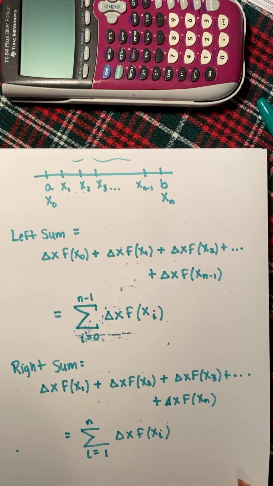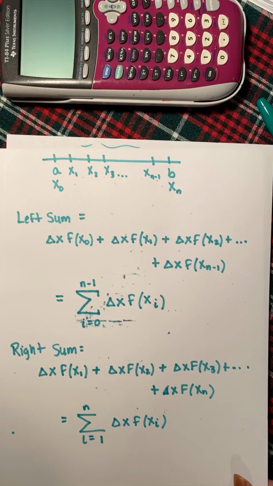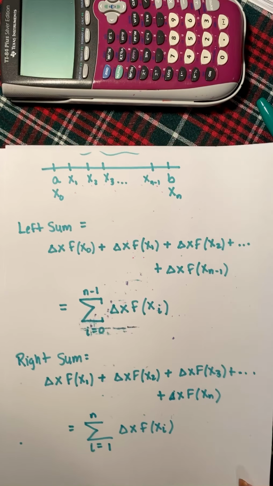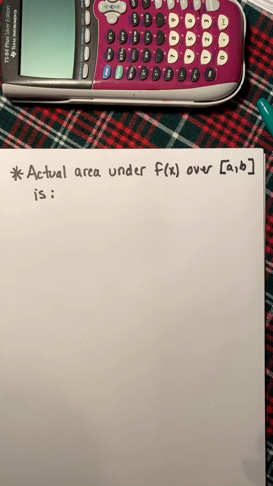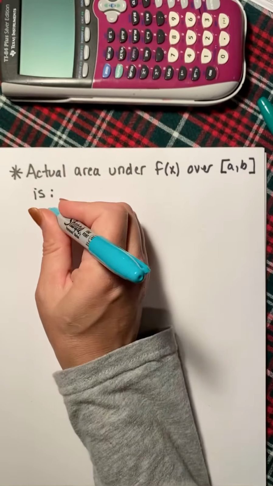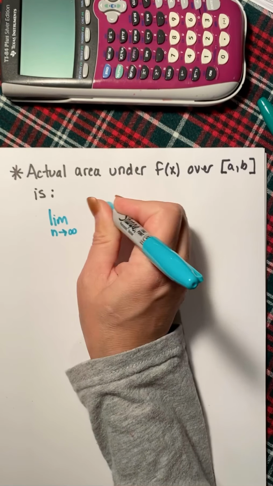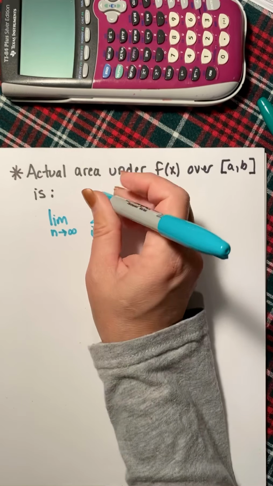All right, so this is how we would express the left sum and the right sum with n subintervals. What we're going to do is create infinitely many intervals to find the actual area under the curve. So the actual area under a function over an interval is the limit as n goes to infinity of the left sums.